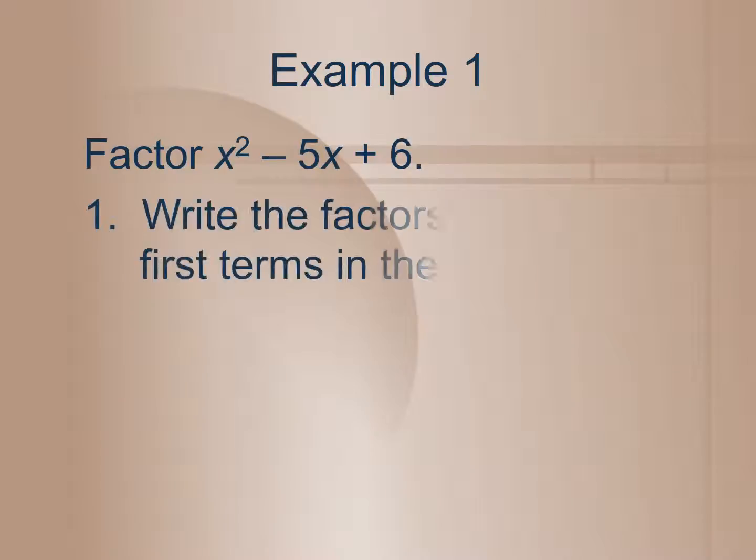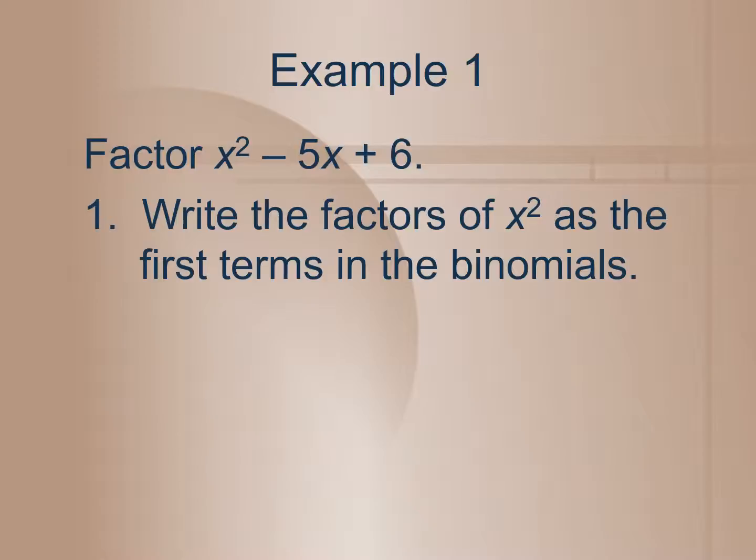So let's take a look at an example. Let's say we want to factor x squared minus 5x plus 6. The first thing we do is write the factors of our first term, which is x squared, as the first terms in the binomials. So we're setting up two binomials.